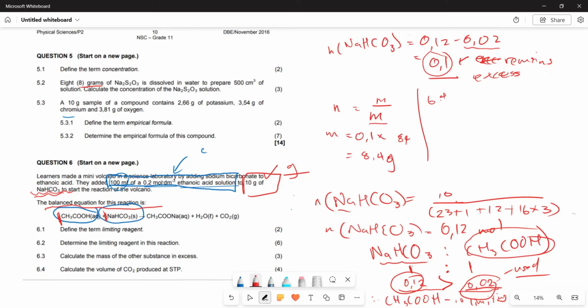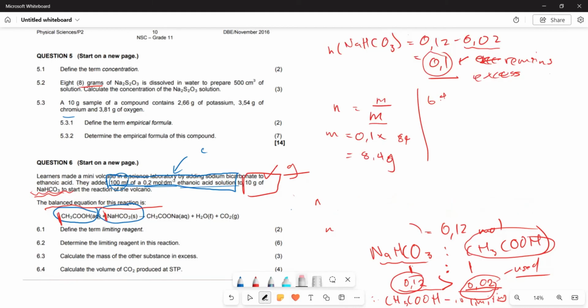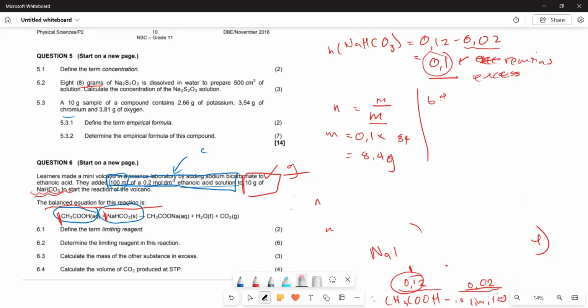Now the 6.4, they say calculate the volume of your CO2 produced at STP. I just want to show you something here. For us to be in a position to calculate the volume of carbon dioxide, we'll come back to this reaction again.